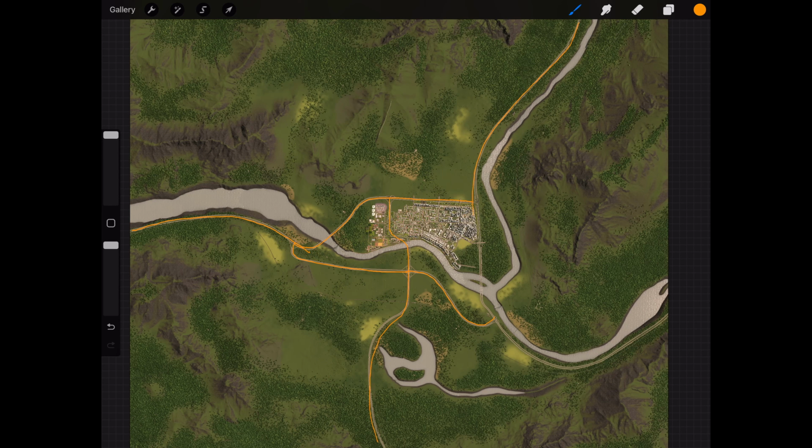And I'm honestly not 100% sure whether this highway that goes right through the middle of my city is actually a good idea, but I'll figure that out as soon as I start expanding my cities and replanning my downtown area. I think that makes way more sense.